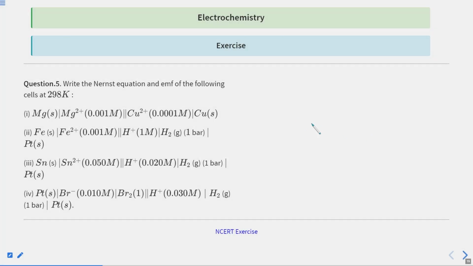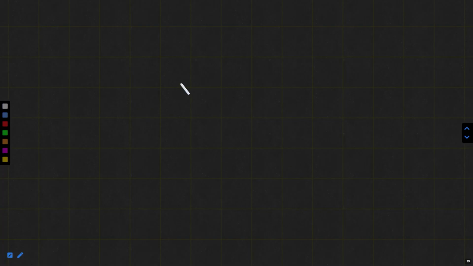So we have the E0 cell value, we have the Q. Now we have to write the E cell. E cell will be equal to E0 cell value. E0 cell value is how much we calculated? I'm writing it here.